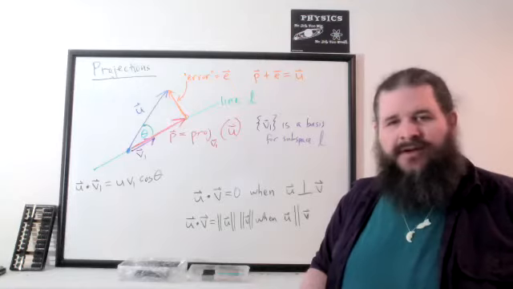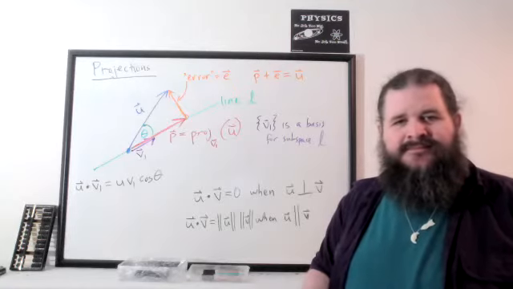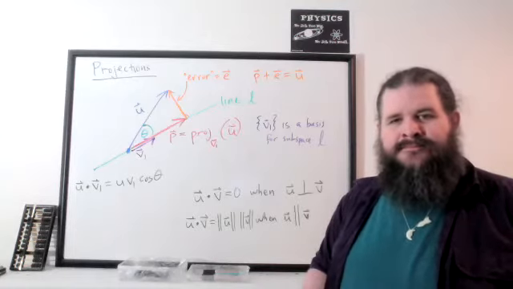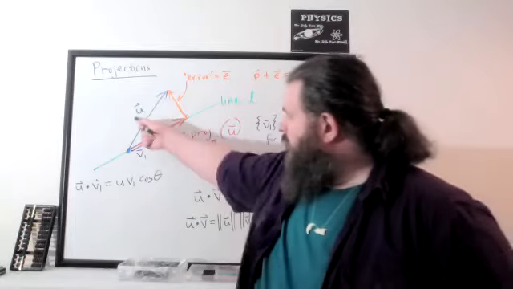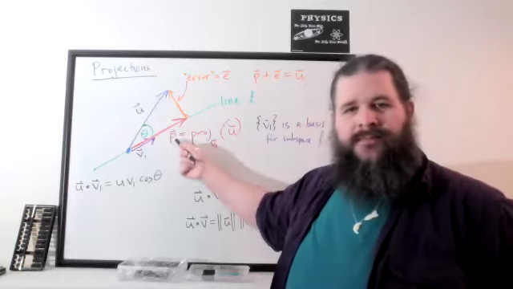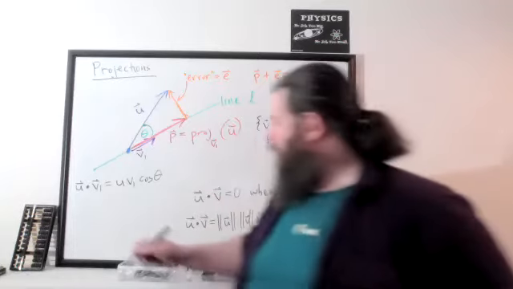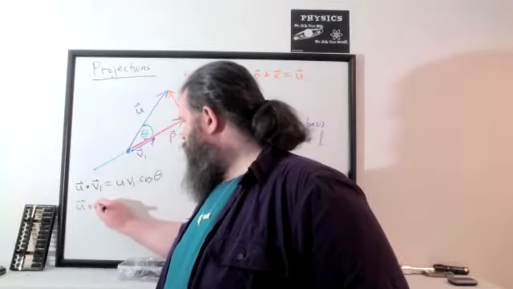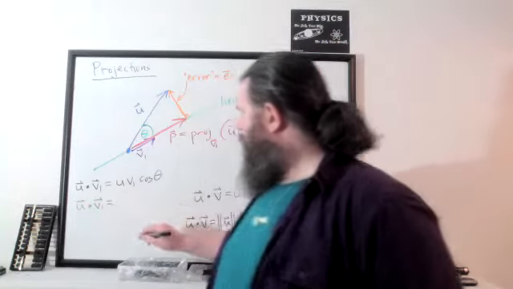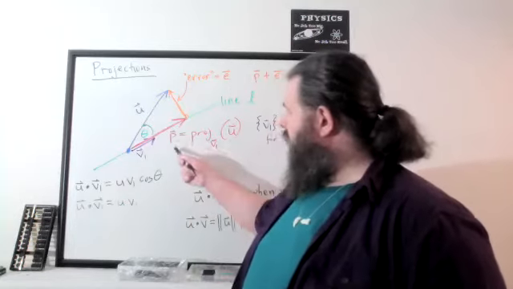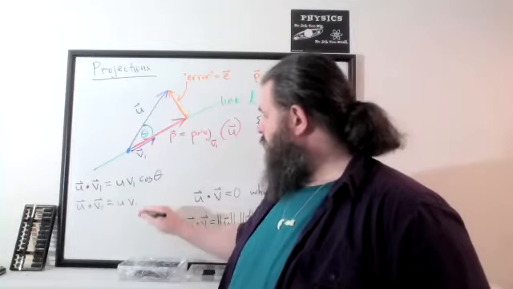Cosine equals which side over which side? Yeah, adjacent over hypotenuse. And the adjacent side here is the projection, at least the magnitude of the projection. So if we make that substitution, we've got magnitude of u times magnitude of v1 times cosine, that's adjacent over hypotenuse.